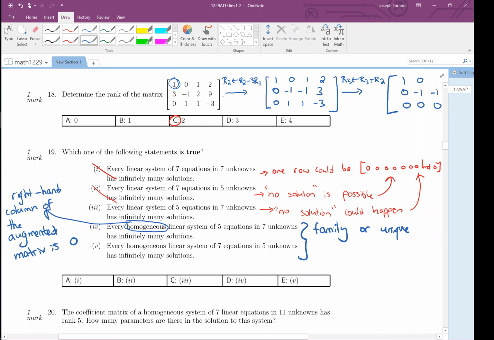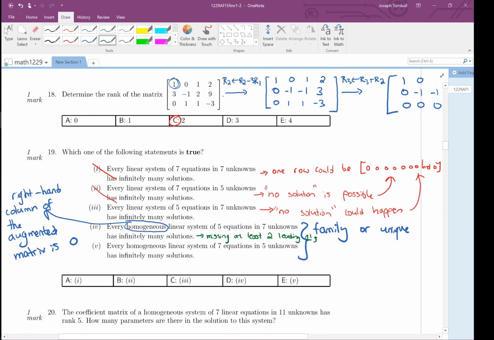And if it's unique, it'll be the trivial solution. Okay, for option 4, it says 5 equations and 7 unknowns. That means we can't have a leading 1 for every one of the unknowns. We're going to be missing at least 2 leading 1s.